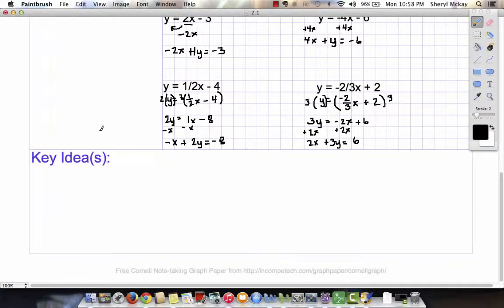You're going to write that down here at the bottom. Maybe for you, it's remembering y equals mx plus b and also remembering ax plus by equals c. Maybe the key idea is to get rid of fractions, multiply by the denominator. You decide what's the key idea that's going to help you to remember this, and go ahead and write it right here.